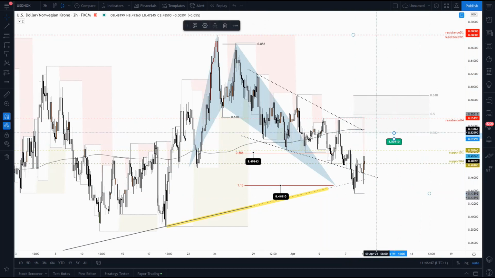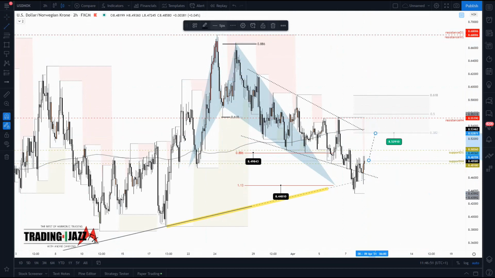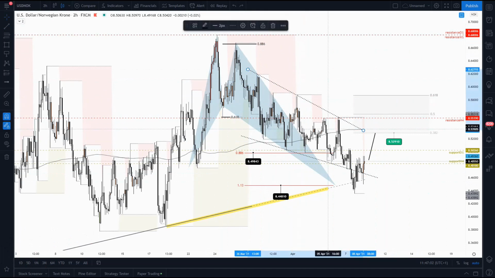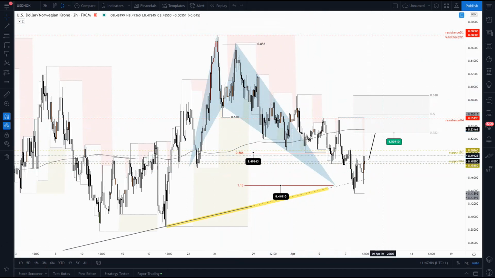If the market decides to trade those levels, I will start partitioning my trade. I will move my stops to break even, and I will be focused on the second target for the pattern, the golden Fibonacci level.